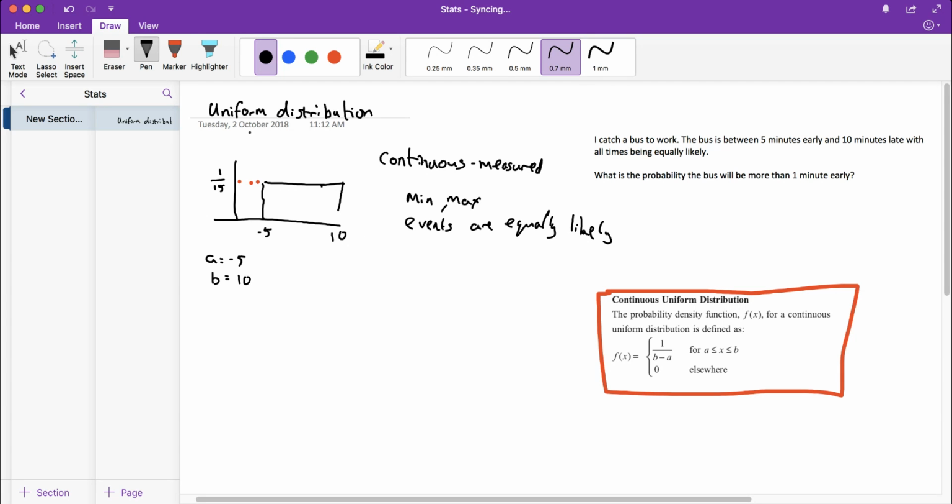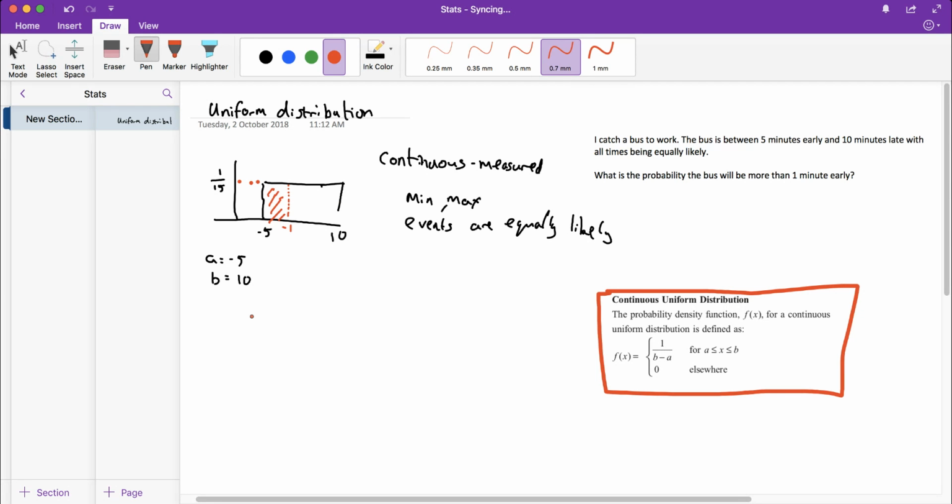Now I've been asked to work out the probability it is more than 1 minute early. At this point, we have to be really careful. If it is more than 1 minute early, then I'm after the bit bigger than 1 minute early, which is between -1 and -5 on my picture.